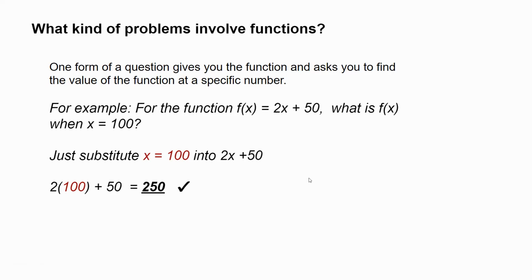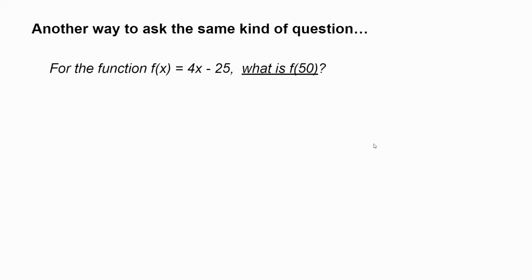Again, the math is usually not that complicated, but the notation can be a little confusing. Here's a different way that the same kind of question could be asked. For the function f of x equals 4x minus 25, what is f of 50? f in parentheses 50. Well, all that means is that we should treat x as 50.